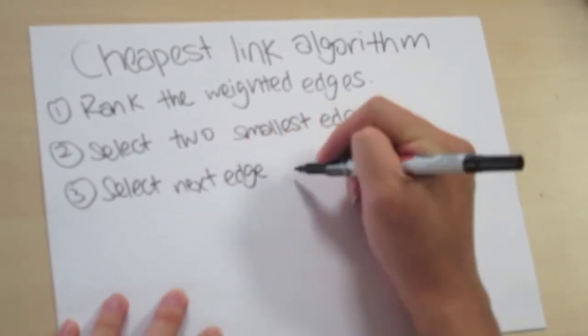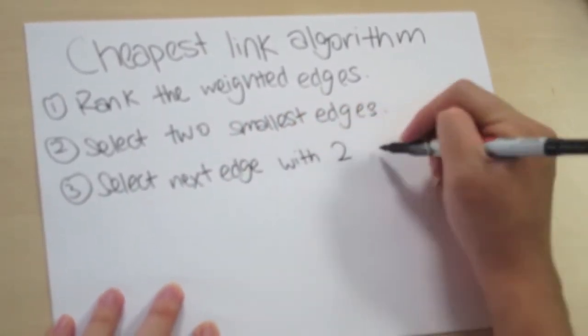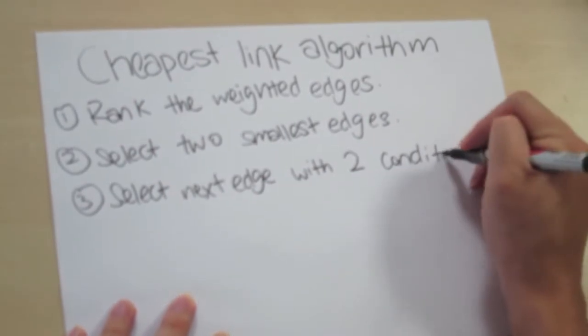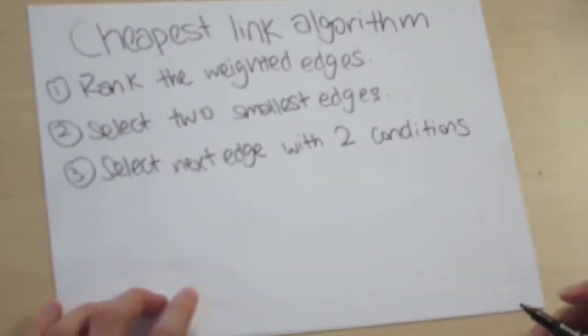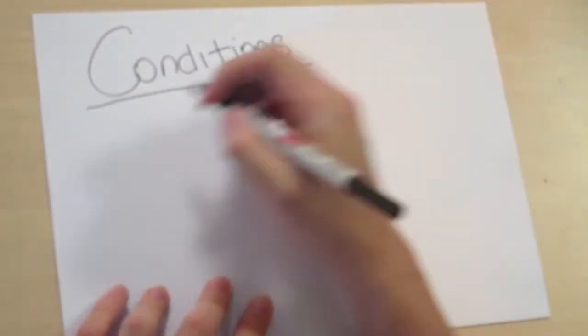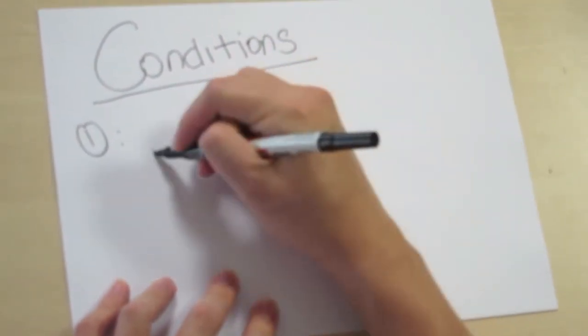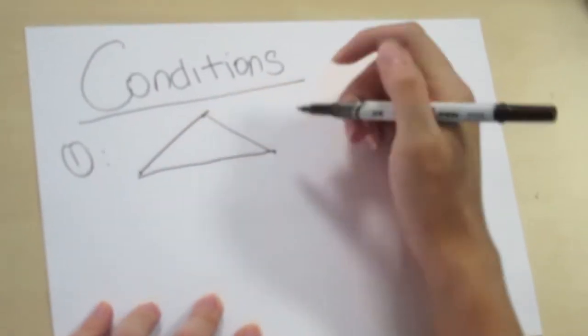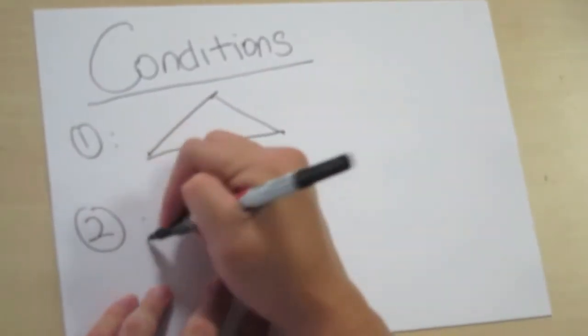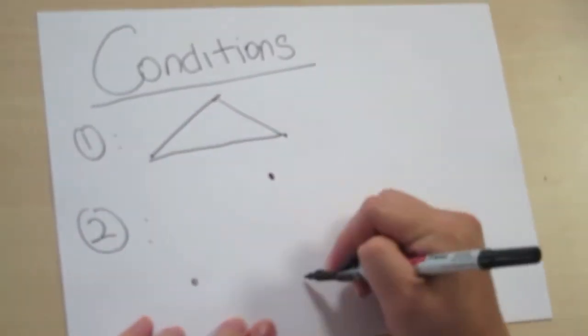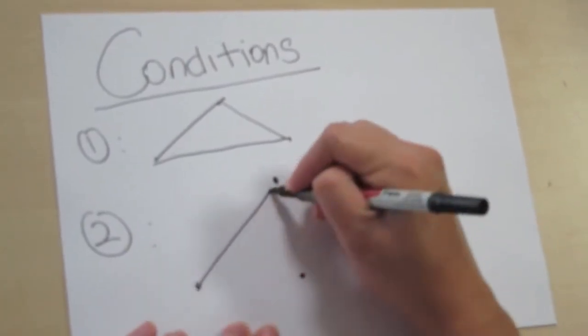For our subsequent choices, we have to consider two conditions before making a selection. The first condition is whether the edge selected forms a closed circuit with the preceding ones. The second condition is whether it causes a vertex to have 3 selected edges.